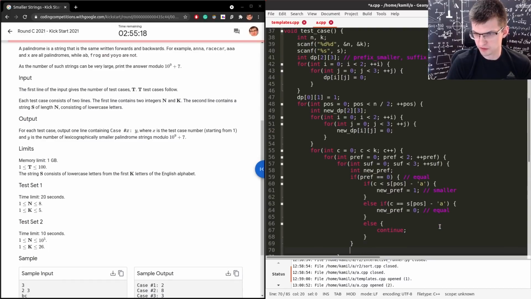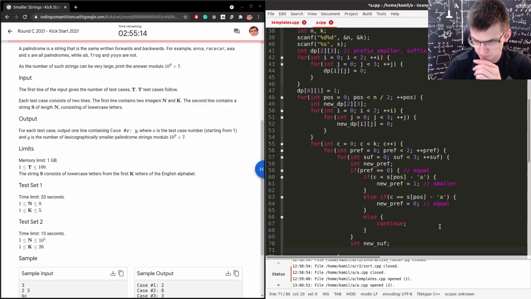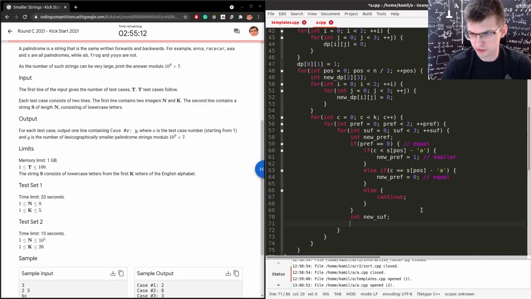And this is forbidden. Then this new character overrides. If this is equal, then the new suffix is the same as the old suffix.